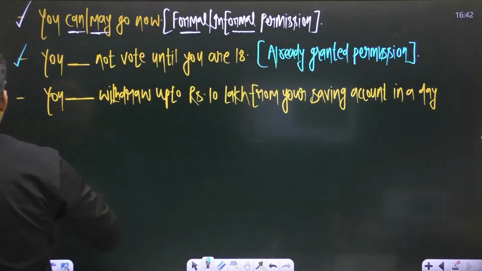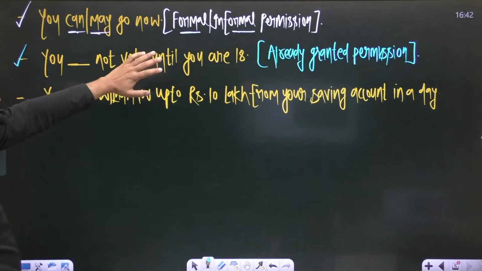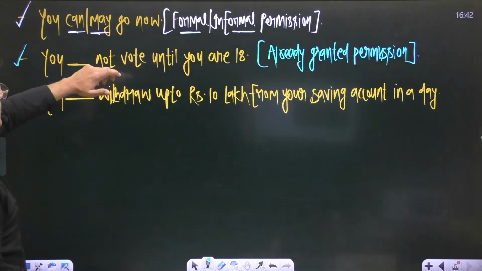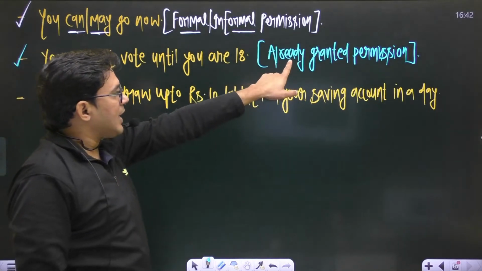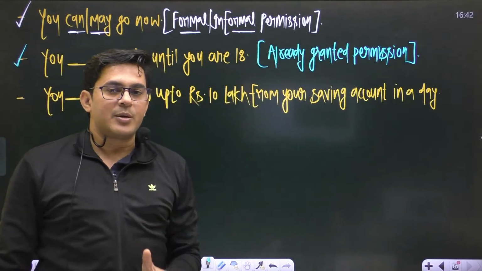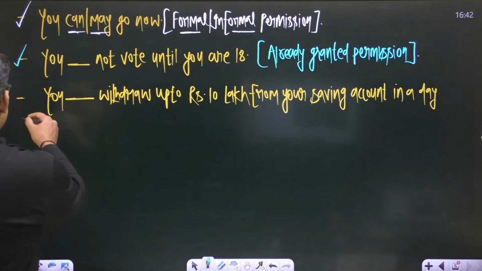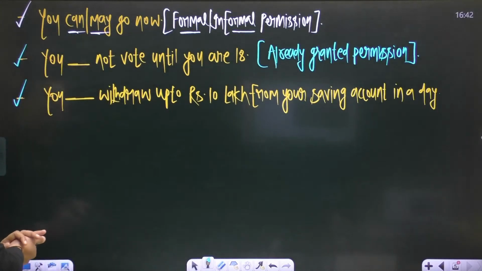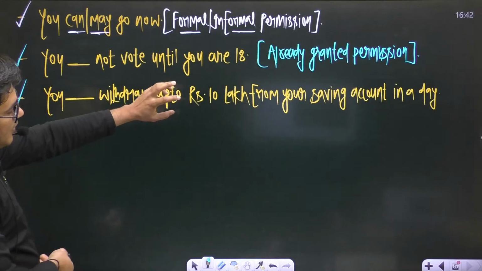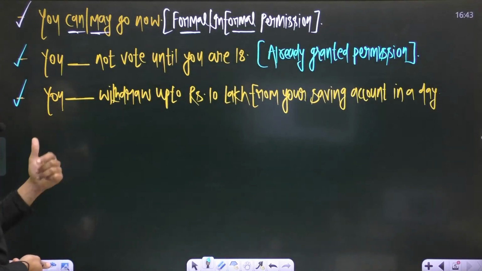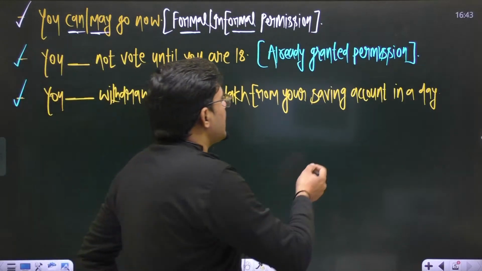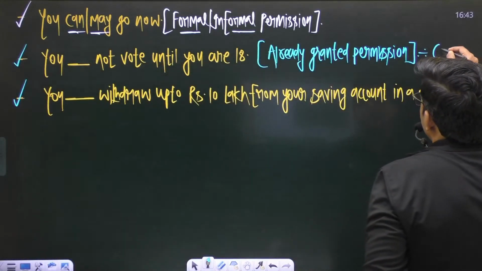As we know, it is clearly written in our constitution that you can't vote until you are 18. This is already granted permission, or you can say this is also already granted permission from the RBI guidelines. So whenever you are talking about already granted permission, we use what?